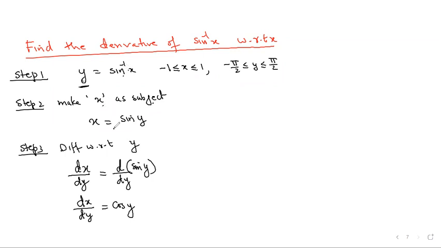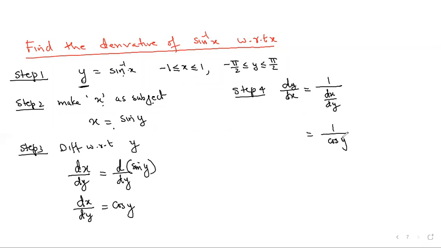I made x the subject and differentiated with respect to y. Now look at step number 4. I wanted dy by dx, but we have learned that dy by dx is 1 upon dx by dy. Is it fine? Yes. So dy by dx became 1 upon cos y.